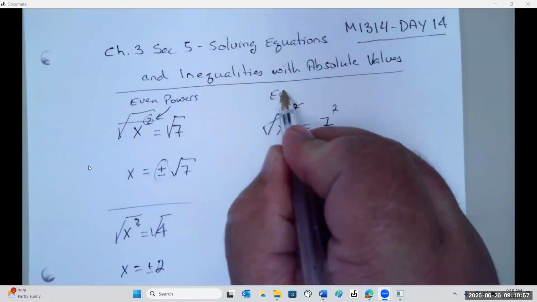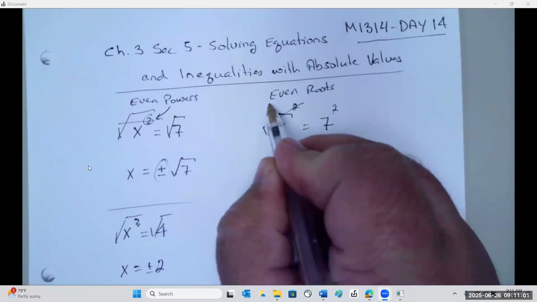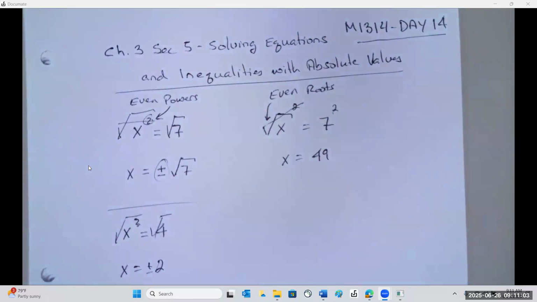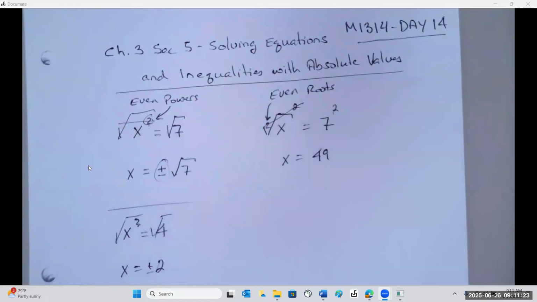And even roots too: if your root is even, you have to follow the same process. So what does all this mean? Right now the power is 2 and the root is 2.